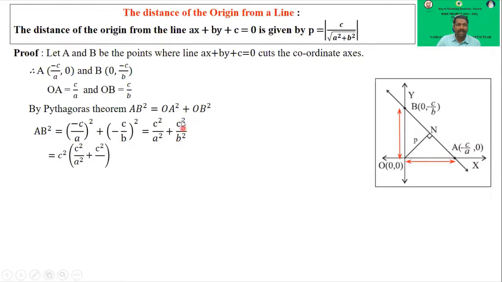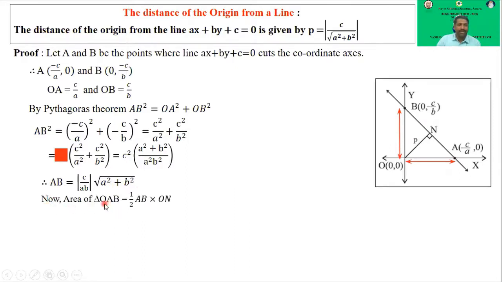Taking c square common from both terms, we get c square times (a square plus b square) upon a square b square, just taking the LCM of the two terms. Taking the square root of both sides, AB is equal to c, square root of a square plus b square, upon a b. So AB is equal to c root a square plus b square upon ab.